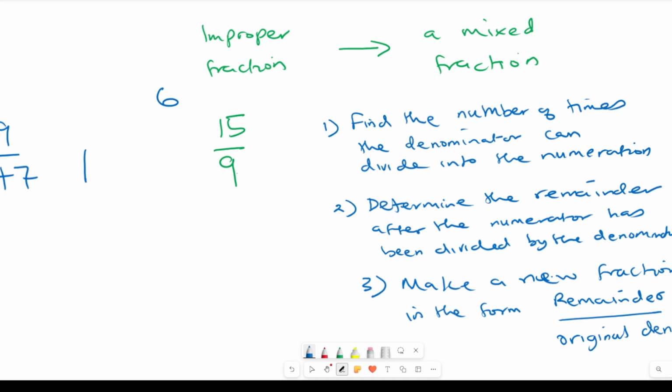So the new fraction is the remainder, which is 6, over the original denominator, which is 9. Okay?